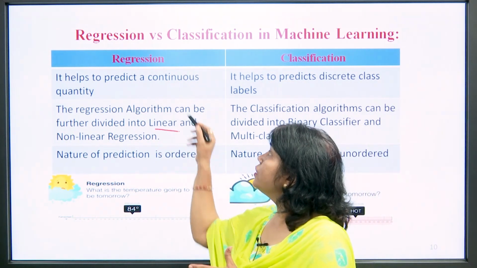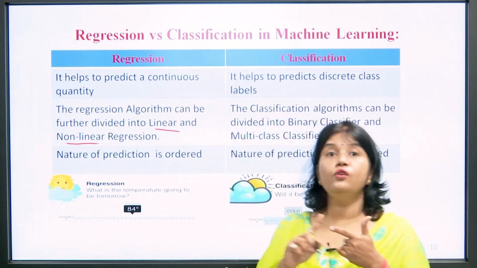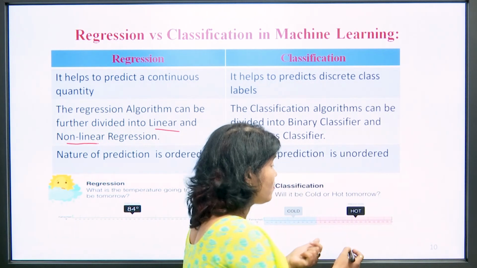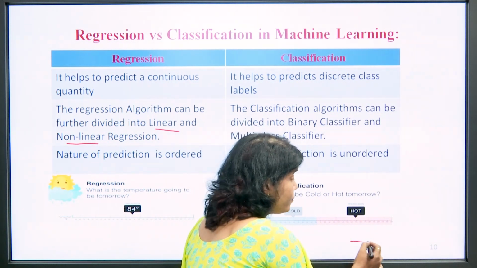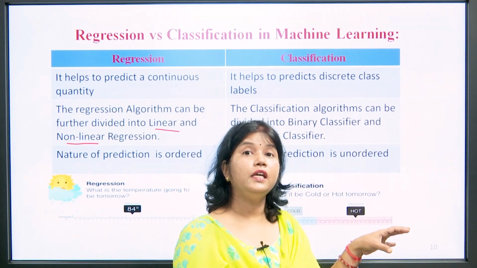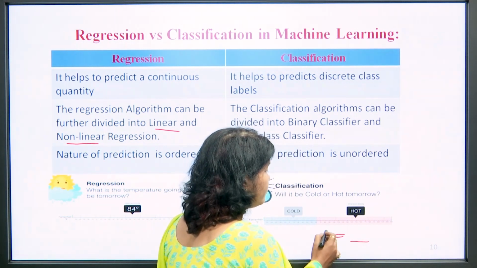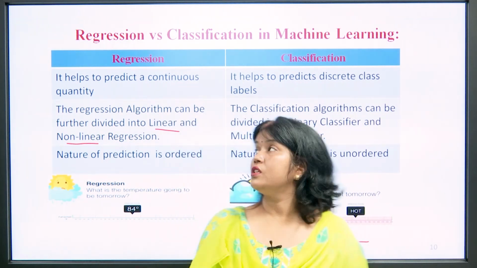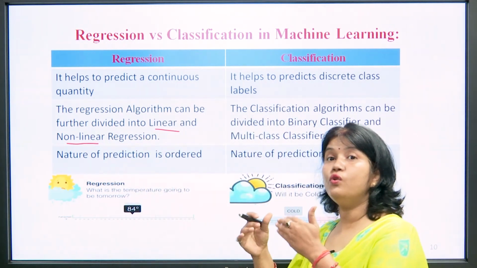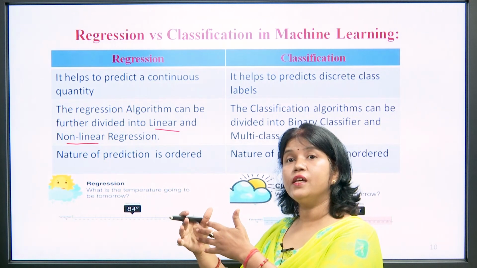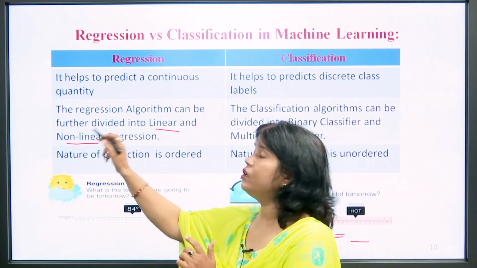Regression analysis can be further divided into linear and non-linear. If the independent variable is only one for the output, this is linear regression. If more than one independent variable is there, this is non-linear regression.